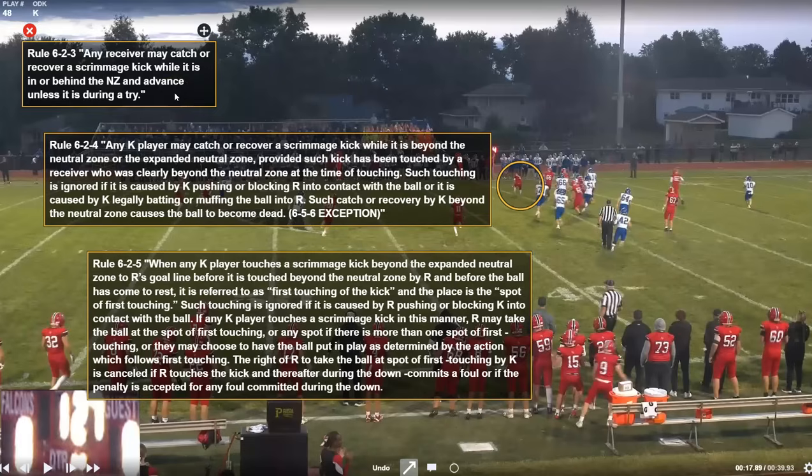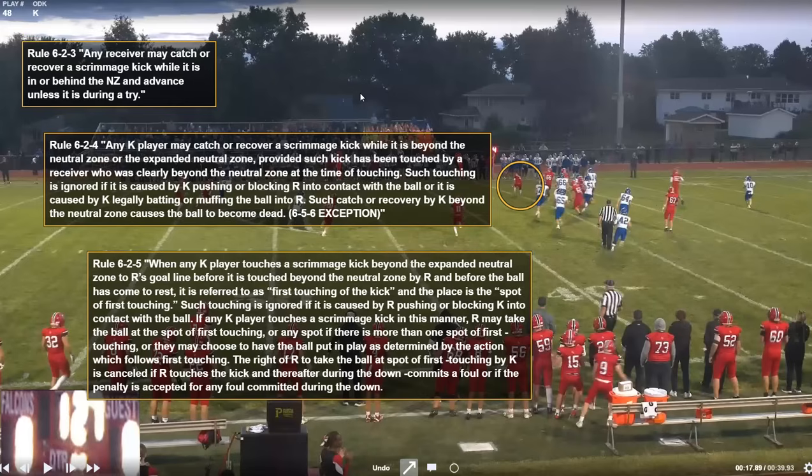Okay. 6.2.4, any K player may touch or recover a scrimmage kick while it's beyond the neutral zone or the expanded neutral zone, but either or, it doesn't have to be both, provided such kick has been touched by the receiver who is clearly beyond the neutral zone at the time of touching.